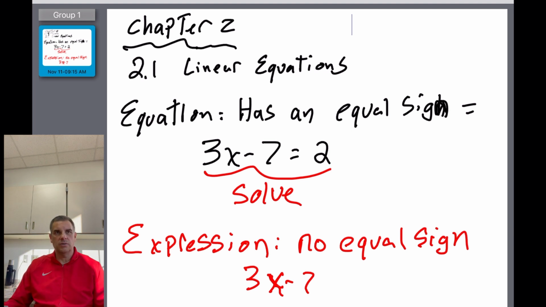There's no equal sign. So again, we call that an expression. So if we want to tell the difference between an expression and an equation, an equation has an equal sign, an expression doesn't.